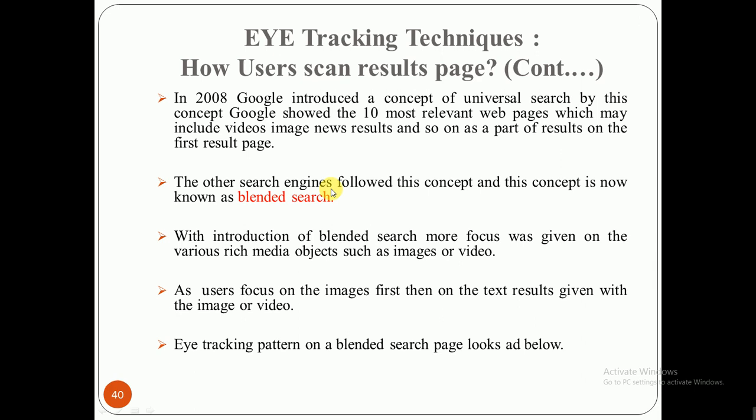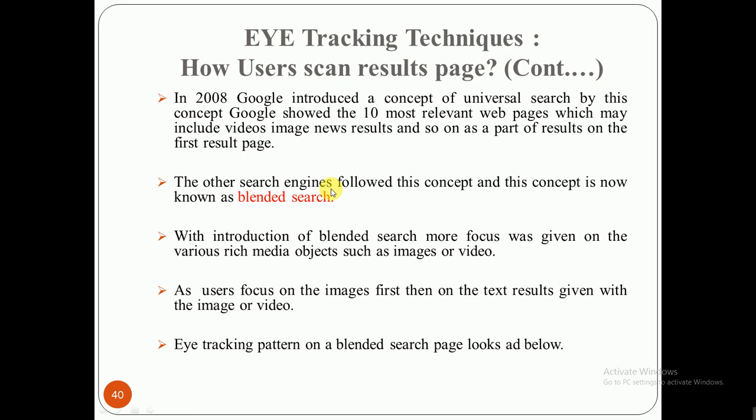Other search engines follow this concept, and it is known as blended search. Google says it is universal search, whereas other search engines say it is blended search.